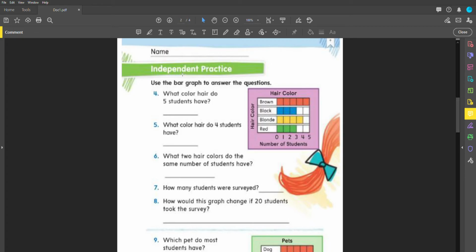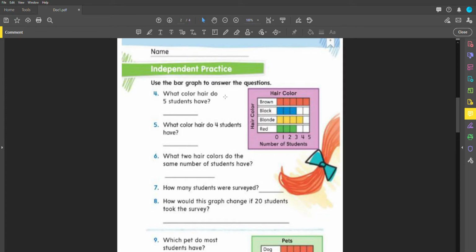Here we have independent practice. In your books, it's on my own. We have hair colors, bar graph: brown, black, blonde, and red. Numbers of students, we colored according to the numbers of students. Now, let's analyze this graph.